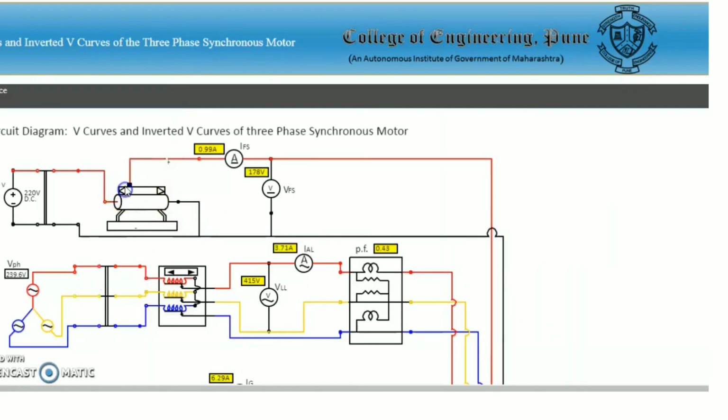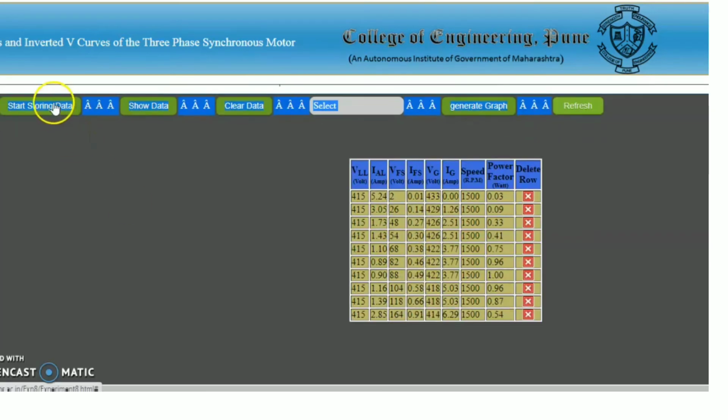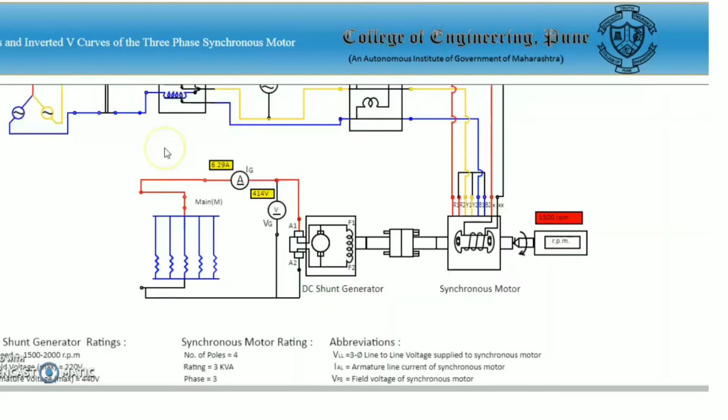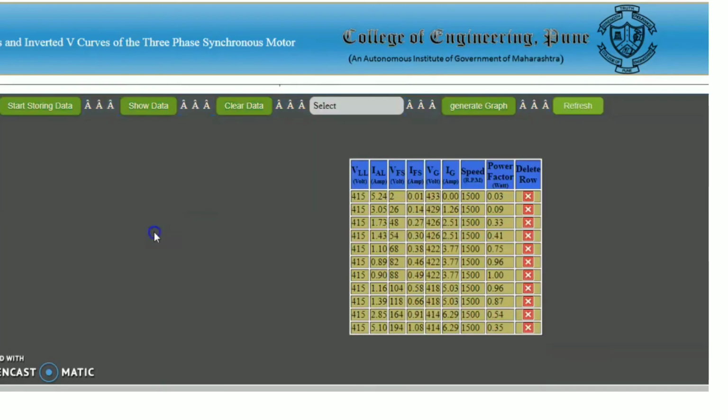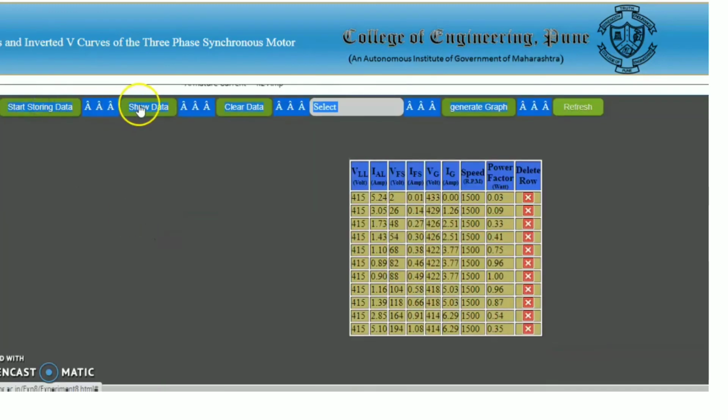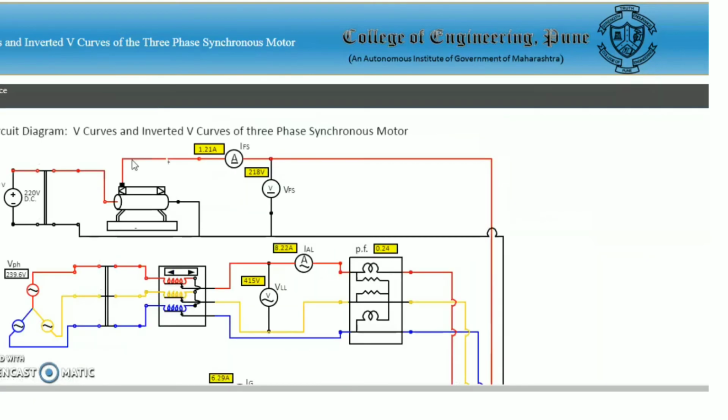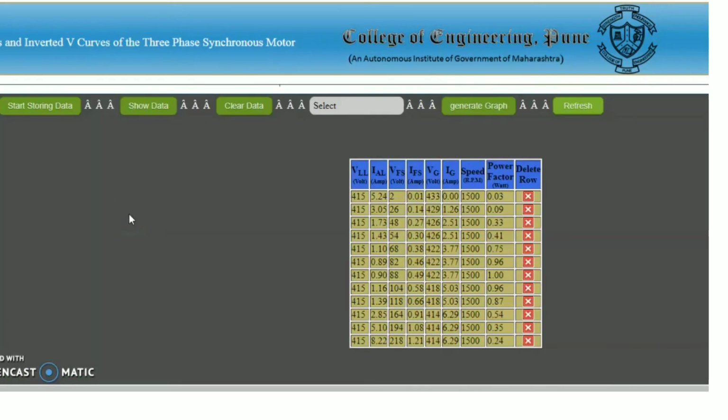Increase. Store the data and check the data.